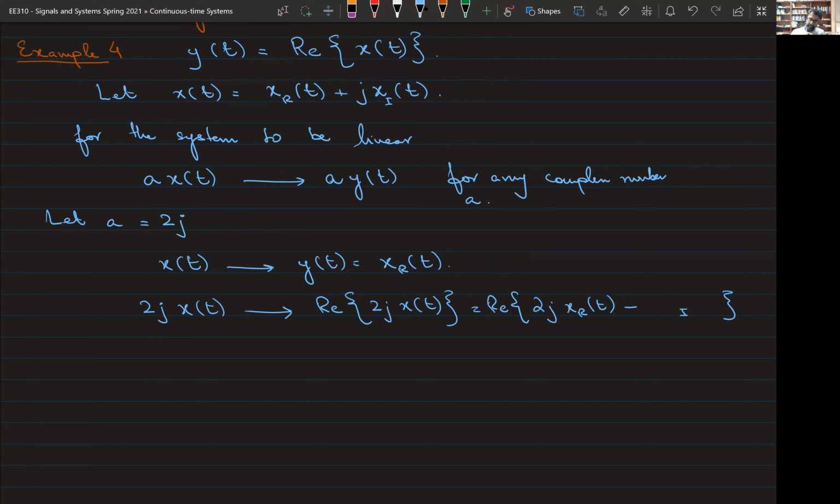Let me not skip a step here. So therefore, this is plus 2j times j xi of t, right? And what is the real part for this? The real part for this is minus 2 times xi of t.